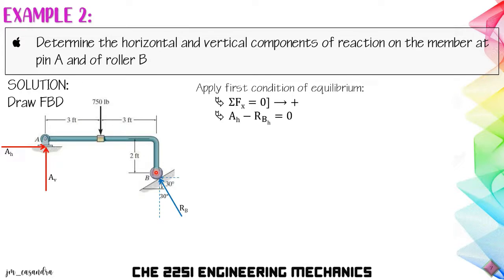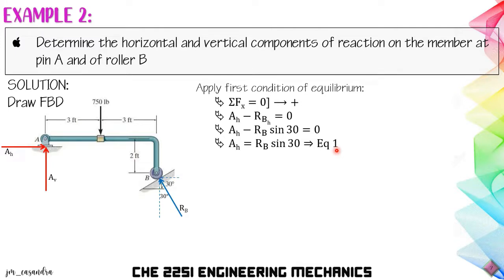So from the diagram, we can expand RBH: A horizontal minus RB sine of 30 equal to 0. Or we'll have AH is equal to RB sine of 30. So we have two unknowns, therefore this equation now is equation number 1.